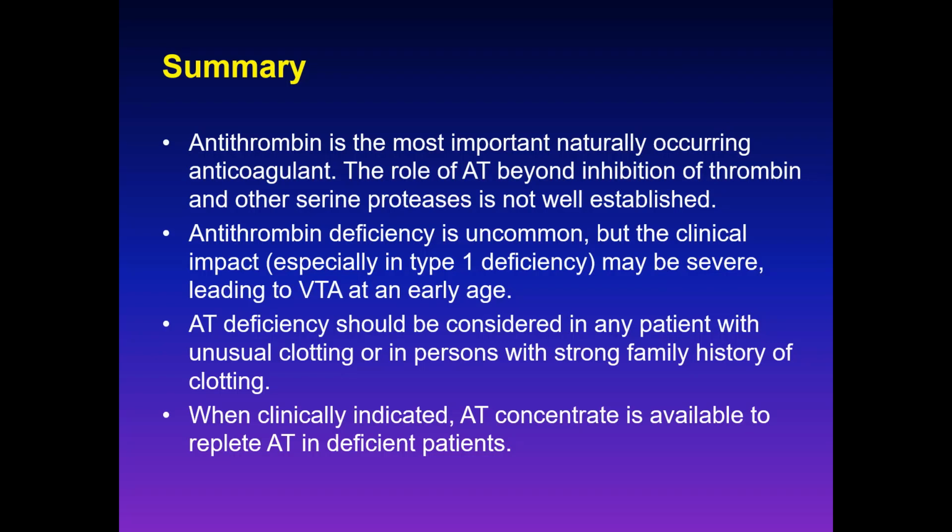The youngest patient I've diagnosed with hereditary deficiency because of an event was 4 weeks old. Antithrombin deficiency should be considered in any patient with unusual clotting or in persons with a strong family history of clotting. And when clinically indicated, antithrombin concentrate is available to replete antithrombin in those deficient patients.